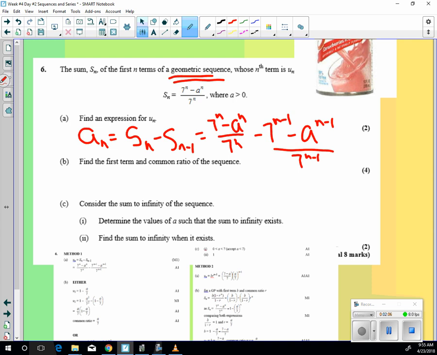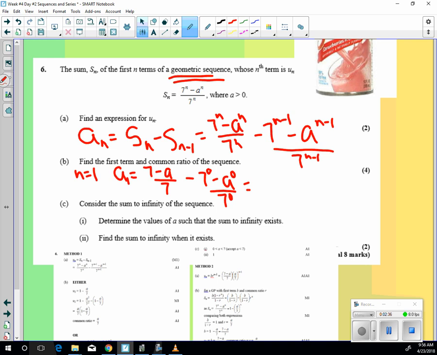Now the first term is easy now because let's let n equal 1. And what is it? Well, a of 1 is going to be 7 minus a over 7 minus, what's 1 minus 1? 1 minus 1 is 0, so 7 to the 0 minus a to the 0 over 7 to the 0.